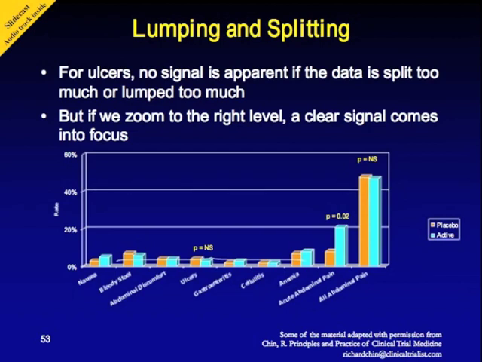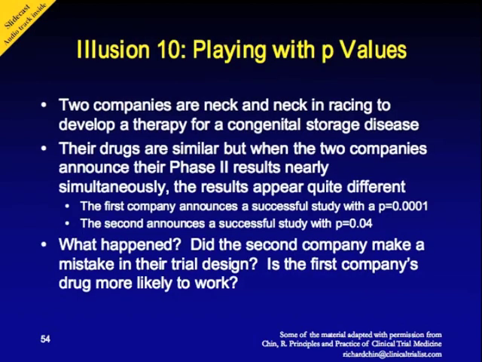P-values. So let's say there are 2 companies that are in a neck and neck race. They're developing a therapy that is meant to treat some congenital storage disease, and their drugs are very similar. But when the results came out, one company says their study hit a p-value of 0.0001, another one says they hit a p-value of 0.04.